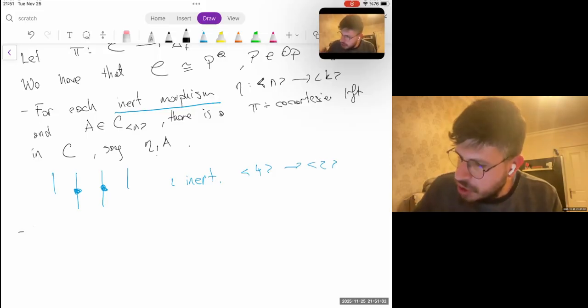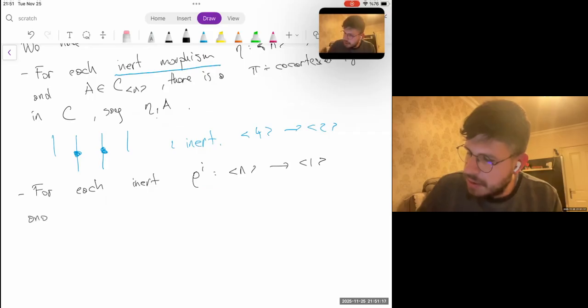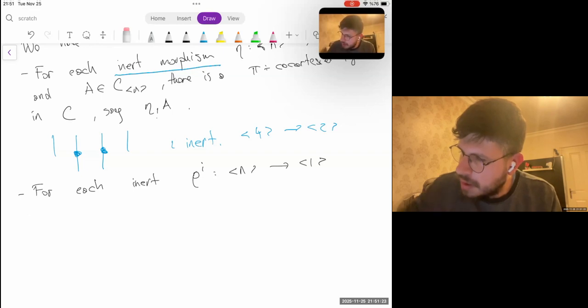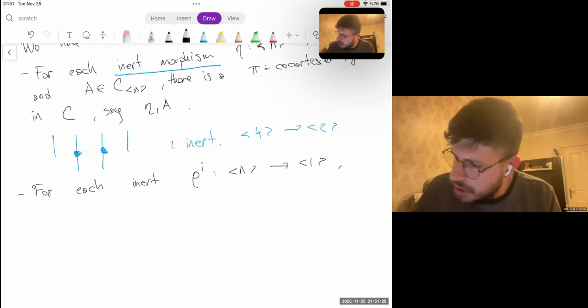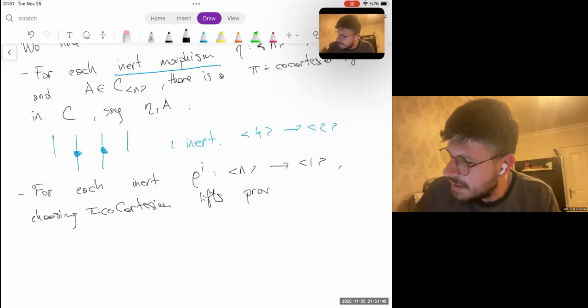Okay, so for each inert row I, n to 1, I will explain what this is in a second. And so for each inert, choosing pi co-Cartesian lifts provides an equivalence.